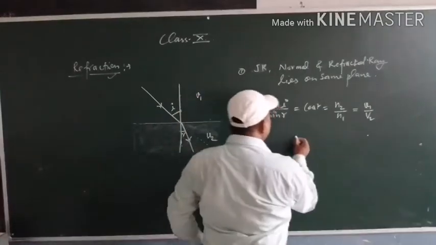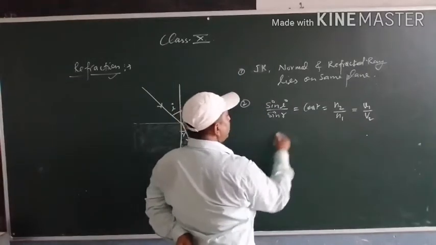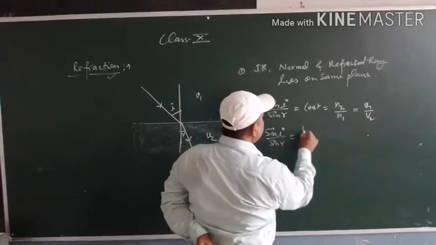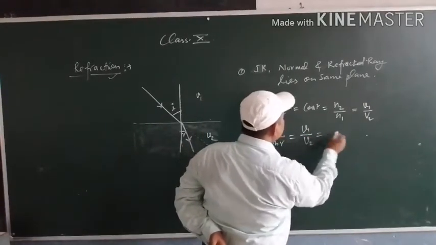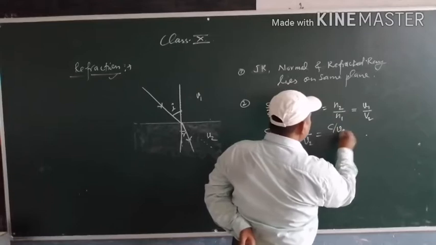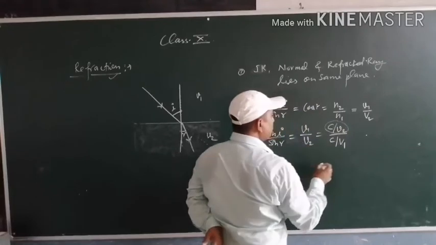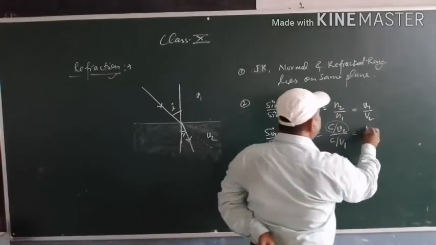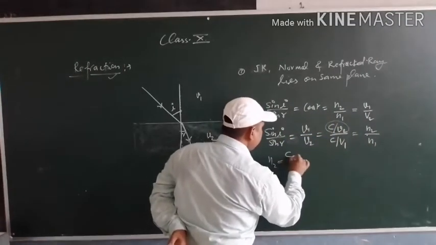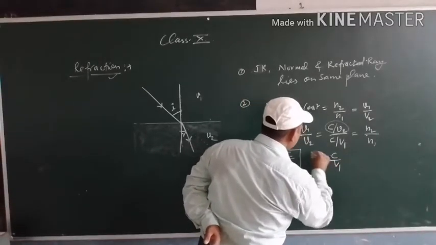We can write sin I by sin R as V1 by V2, which can also be expressed as (C by V2) divided by (C by V1), that is equal to N2 by N1, where N2 is C by V2 and N1 is C by V1.